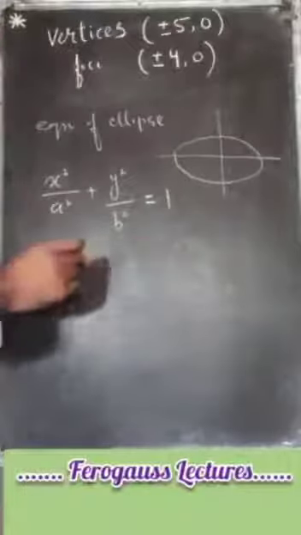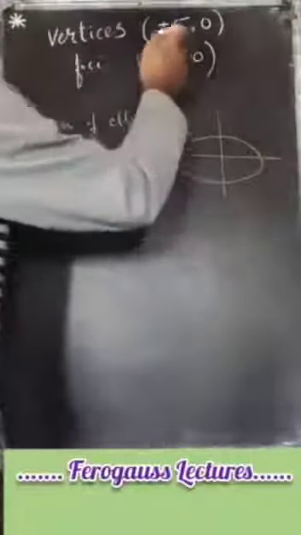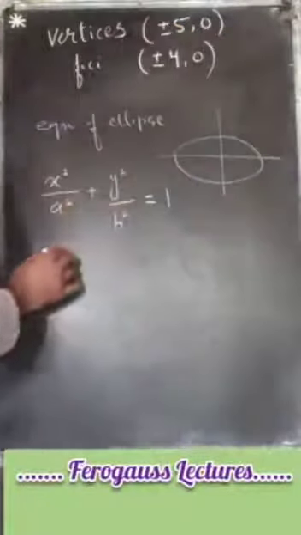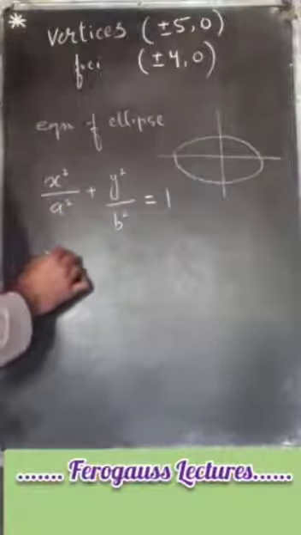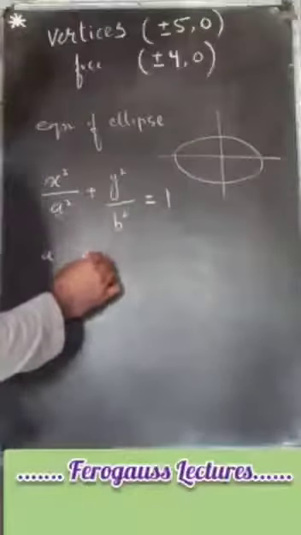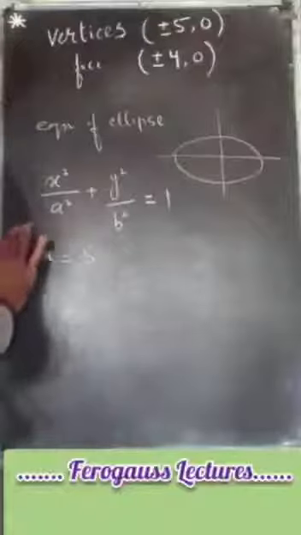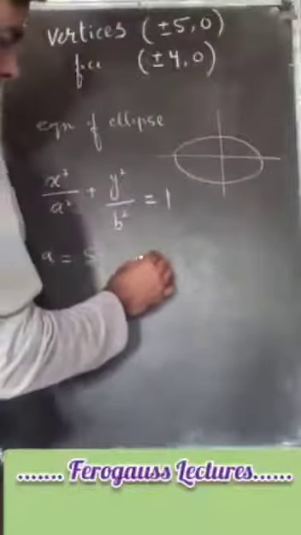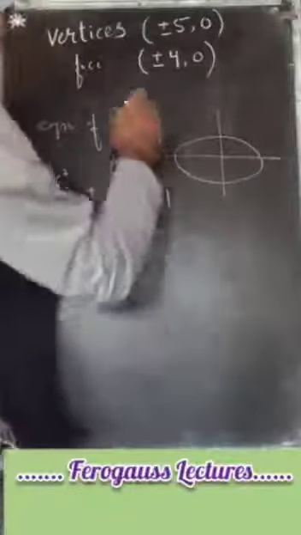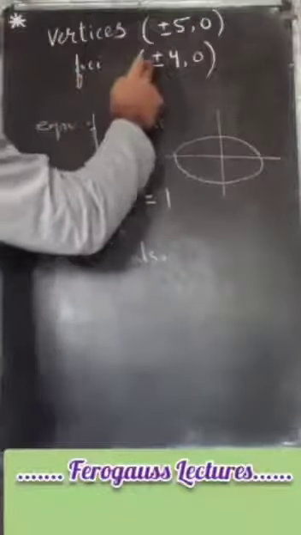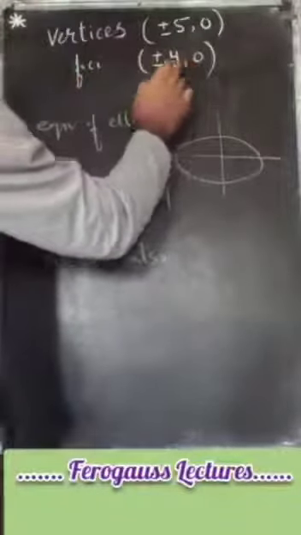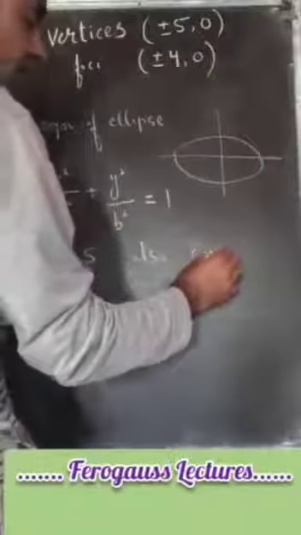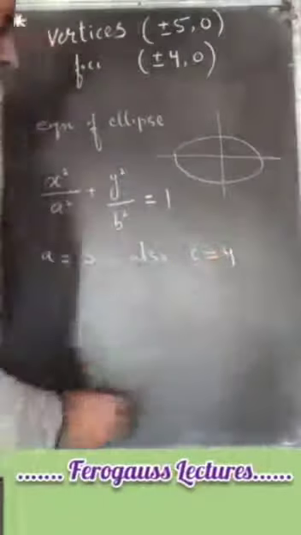And also we know that the coordinates of vertices are plus minus a, 0. So therefore, a is equal to 5. Also, now coordinates of foci are plus minus c, 0. So c is equal to 4.